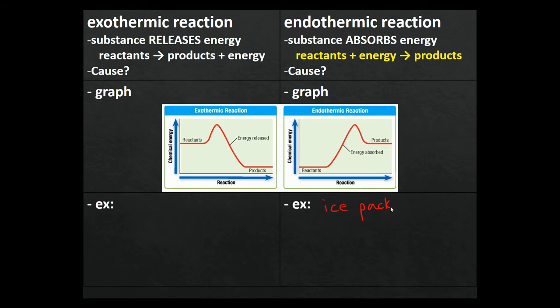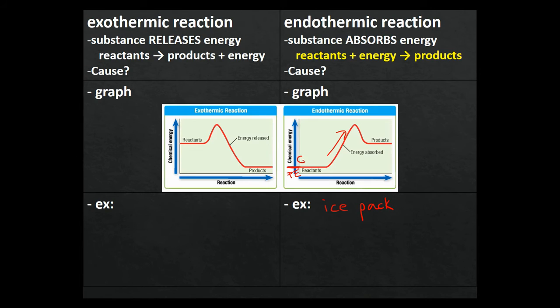And look at these graphs. These graphs are showing us a couple things. Now, this is the amount of energy over here on the left. So think of this as potential energy. So this is the potential energy of my reactants. And it's not very much potential energy. And as I go through, I'm storing energy into the bonds. Okay, so this is an example of taking something and storing energy into it.